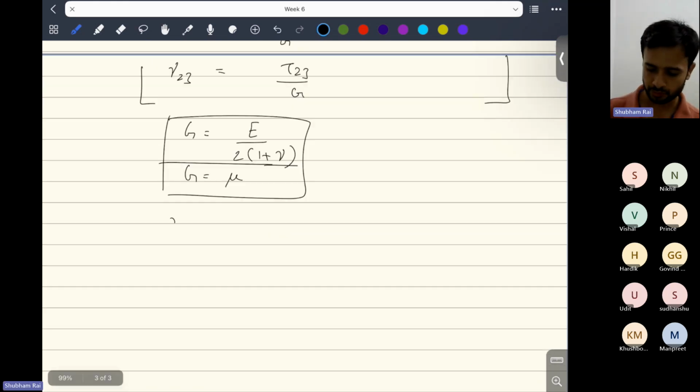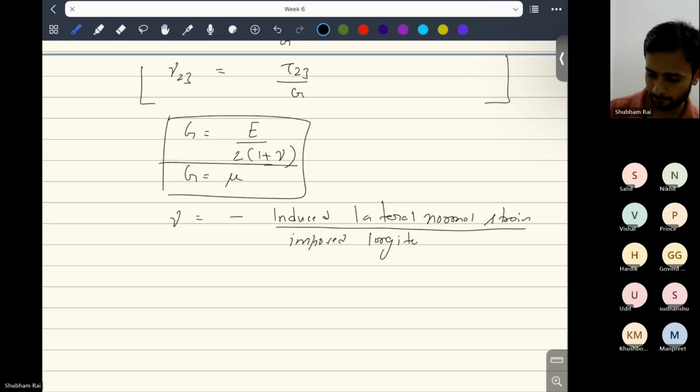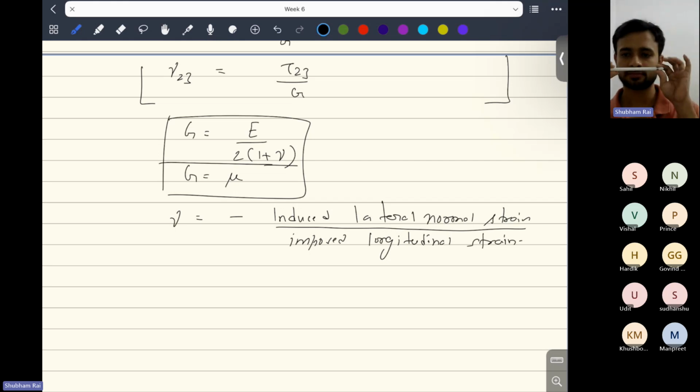And this nu is the Poisson ratio and it has a physical significance. It is the negative of the induced lateral normal strain to the imposed longitudinal strain. Let's say you are stretching a material in one direction.